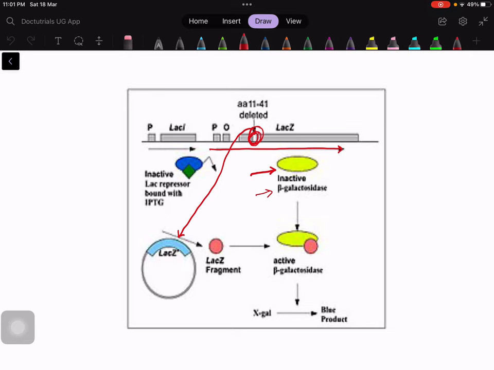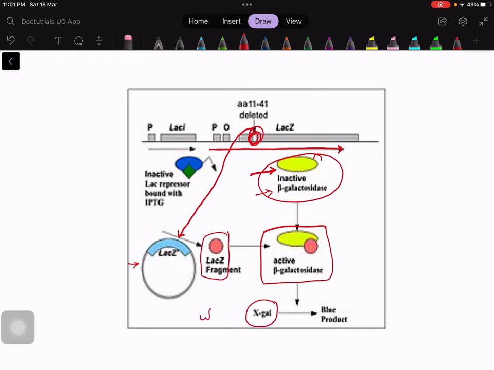The deleted part which is there in the plasmid, once it gets transcribed and translated, creates a small fragment. We call it the Lac Z fragment. The Lac Z fragment interacts with the inactive beta galactosidase, and together they form the functional enzyme. This is the active beta galactosidase. In this model, we provide the analyte which is X-gal.